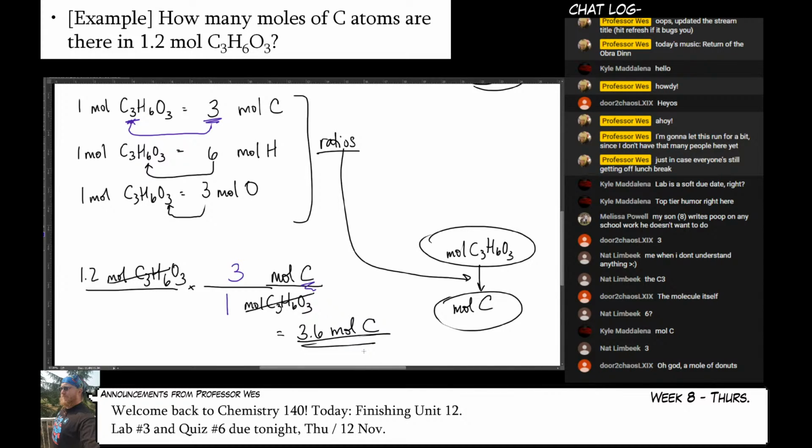Anyway, so that's how we solve these types of problems when I give you a formula and a starting amount in moles. But what you're going to find is that we don't really start with moles very often, because that's not a unit that's easily measured with the tools that we have.